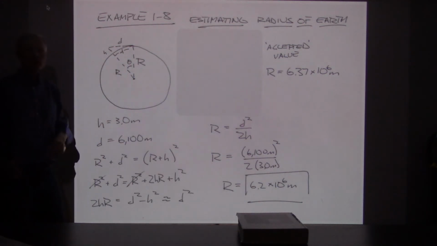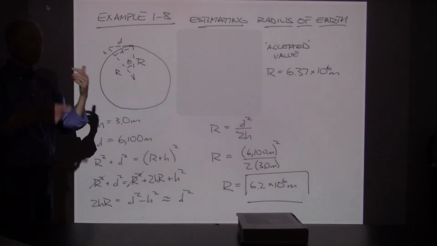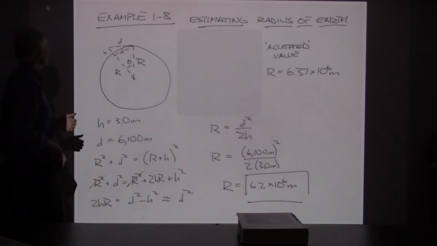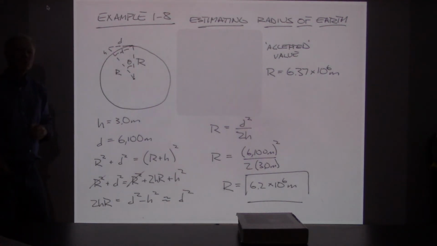Now, you might be looking at this and going, well, that diagram isn't to scale. The Earth has a circumference of 40,000 kilometers, not 40. But if we actually did it to scale, we really wouldn't be able to see what's going on.